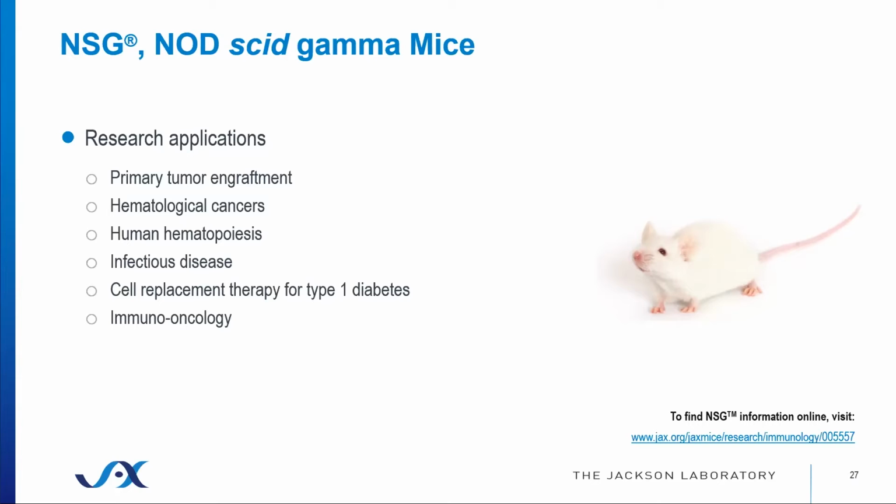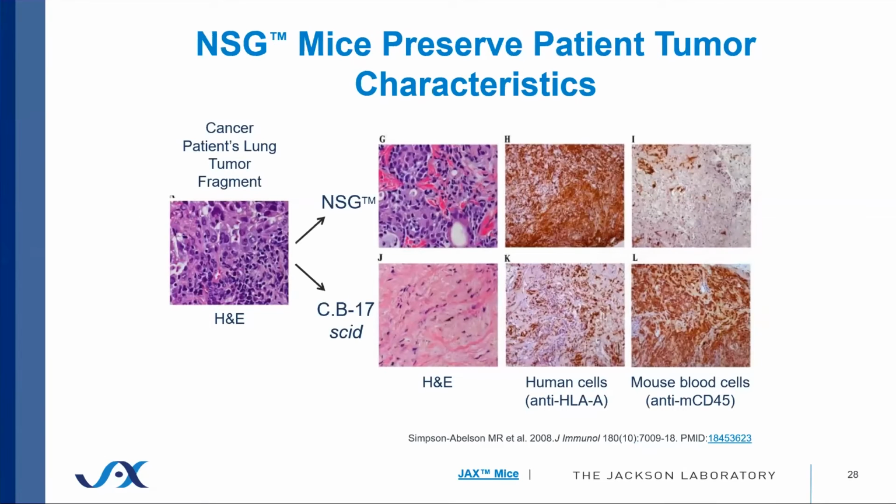So let's pick up by talking about the first bullet point here, how NSG mice can serve as a host for primary tumor cell engraftment. The reason why they're such a great host for primary tumor cell engraftment, or PDX, is that they preserve patient tumor characteristics.